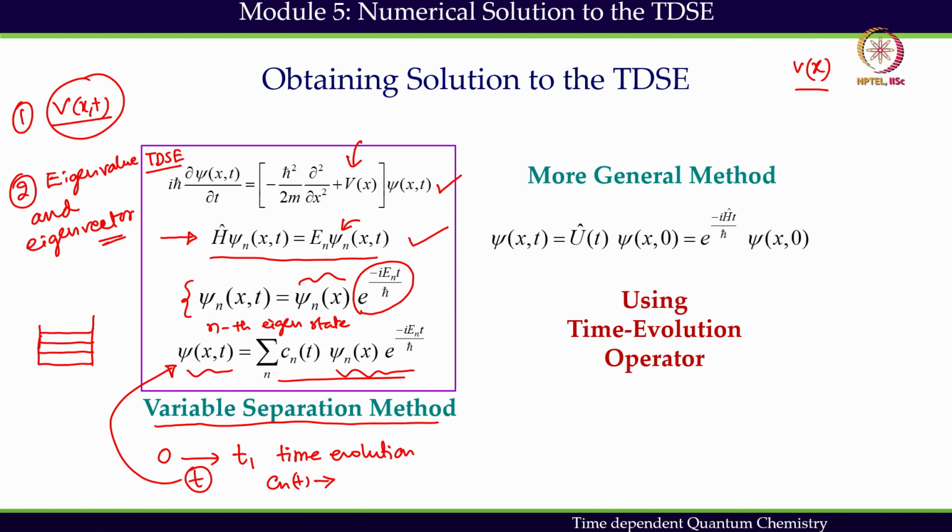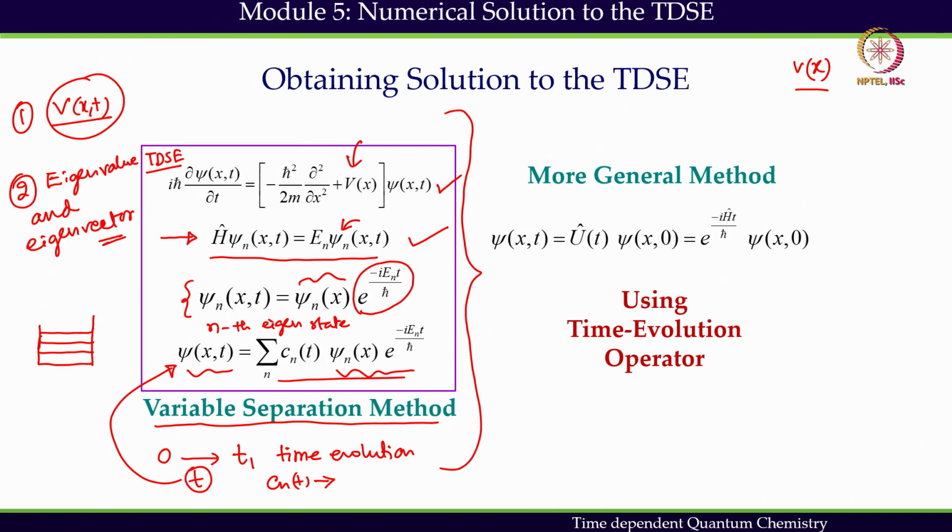And in that case, it is convenient to compute the time evolution of a given initial state directly without making use of a large number of eigenstates. So, the variable separation method is a good idea, but it may not be practical all the time.